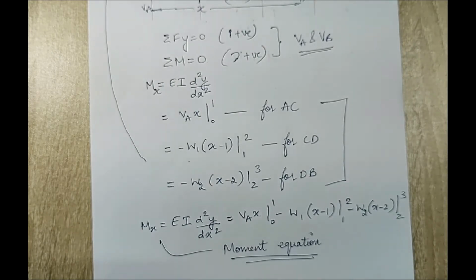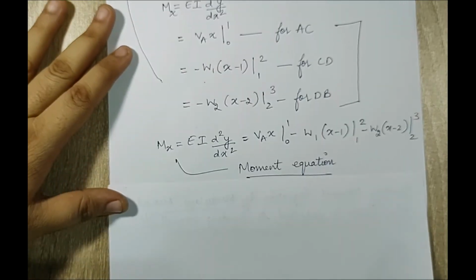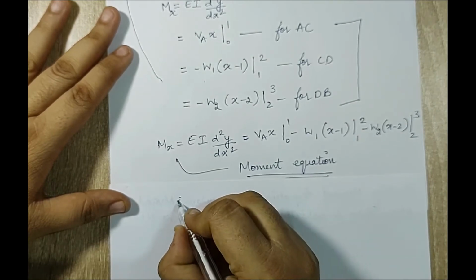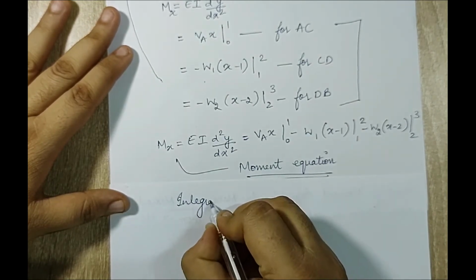Generally, when questions of this chapter are asked in any examination, you are supposed to calculate the slope and deflection which occur on the beam. So when I know this equation, I can integrate twice. So I'll just write down over here, integrating twice.